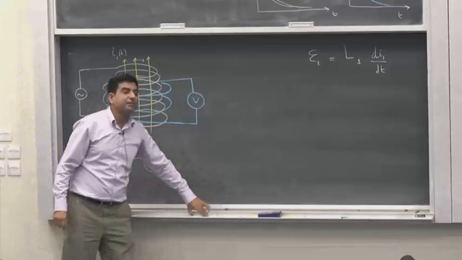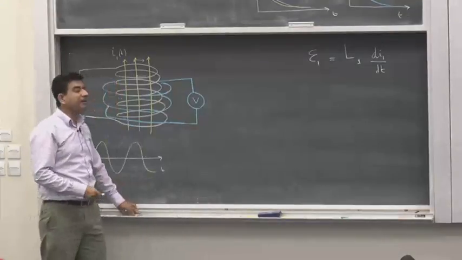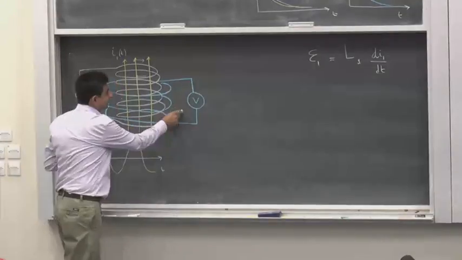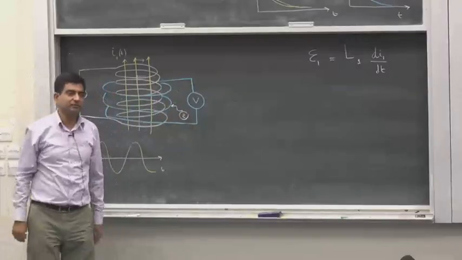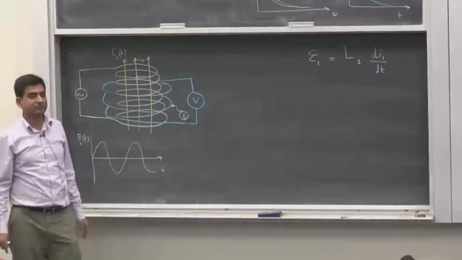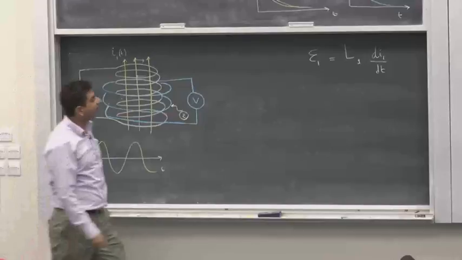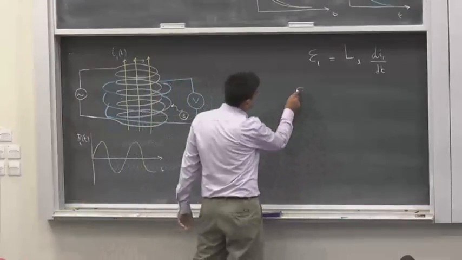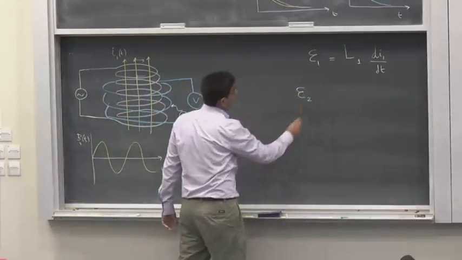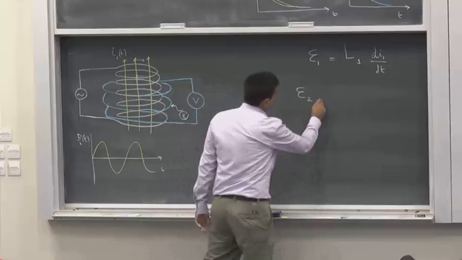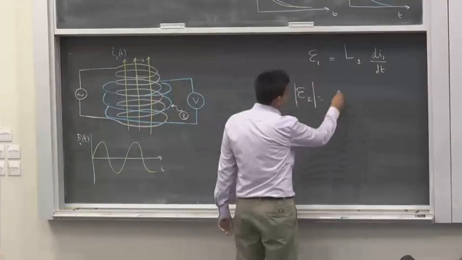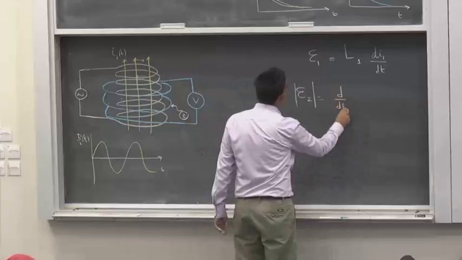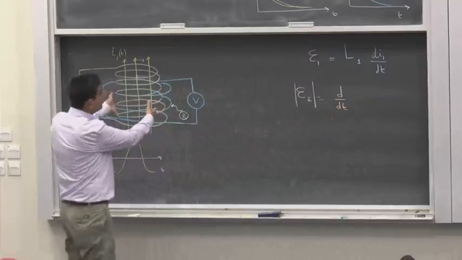Now what's going to happen is an EMF will be induced in this second solenoid, which is not connected to a battery, because of induction. That EMF in the second solenoid is going to be given by Faraday's law. Its magnitude is going to be equal to the time rate of change of the flux through the blue solenoid.